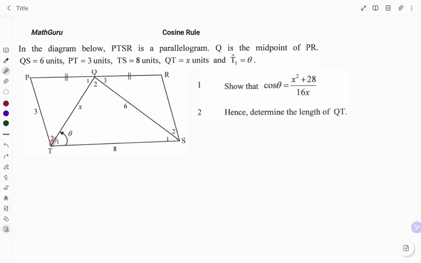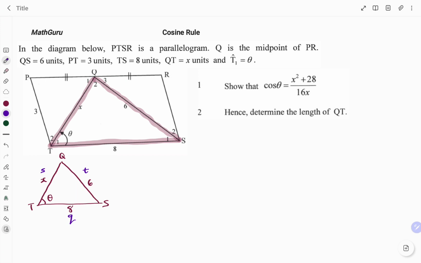So I'm going to start by highlighting the triangle as shown. If I draw a quick extract as shown, that's the triangle QST. Then I'm going to tag each side. The side facing the angle T will be my small t. The side facing the angle S will be my small s. And the side facing my angle Q will be my small q.